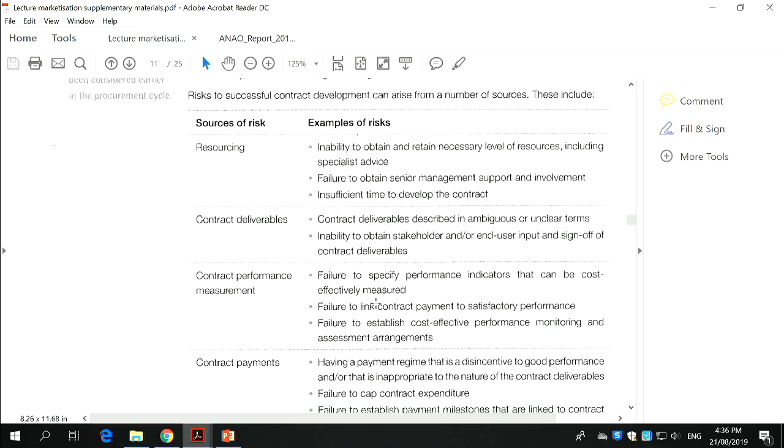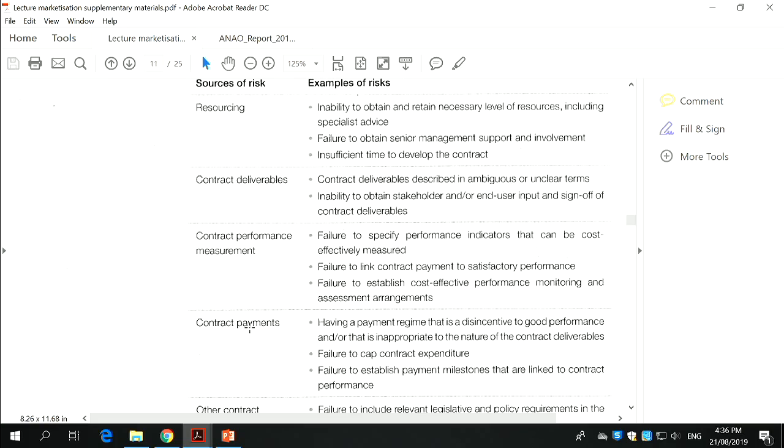And so has to link the contract payment to satisfactory performance. And the contract payments, whether there's any failure to cap contract expenditure, right, or failure to establish payment milestones, etc. Right. So these are some of the risks in contract management.